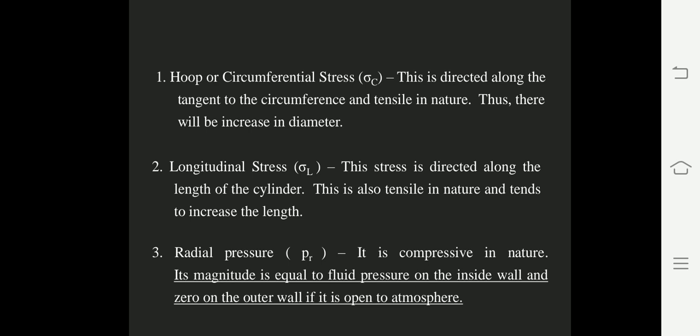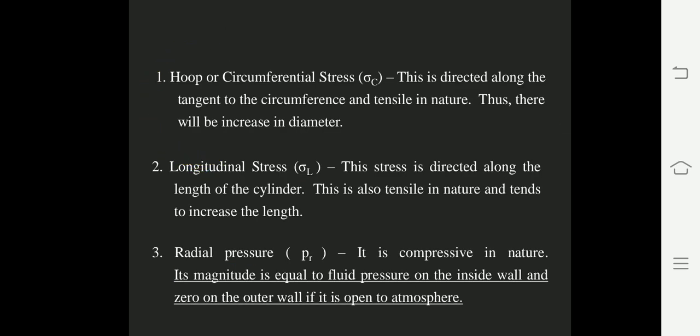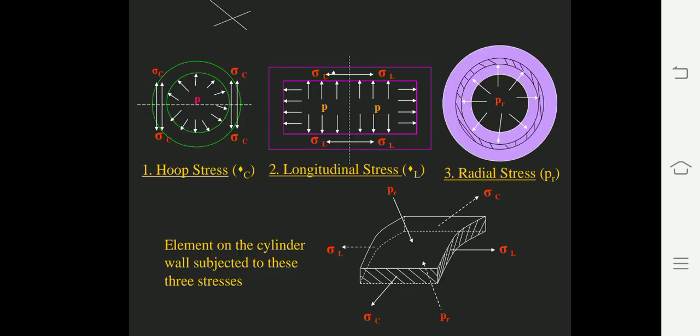I will take the next slide to explain hoop stress or circumferential stress. Here you can see three diagrams. The first is hoop stress, the second is longitudinal stress, and the third is radial stress. The hoop stress is shown in the sectioned lateral view of the cylinder.